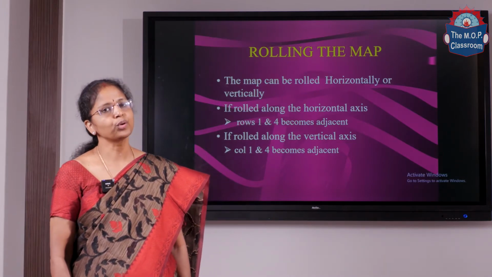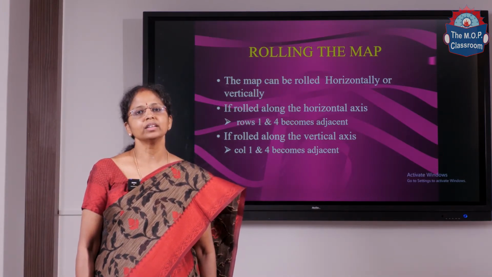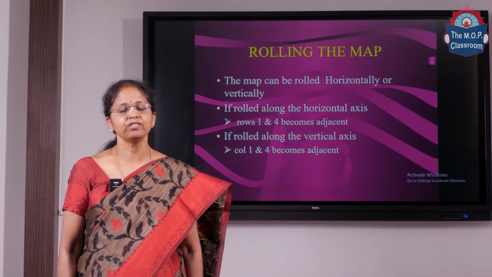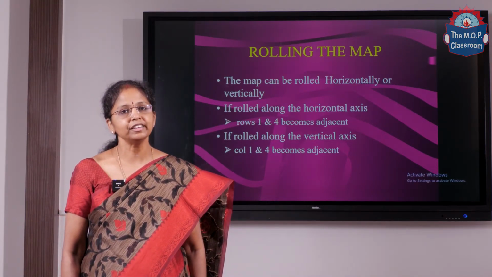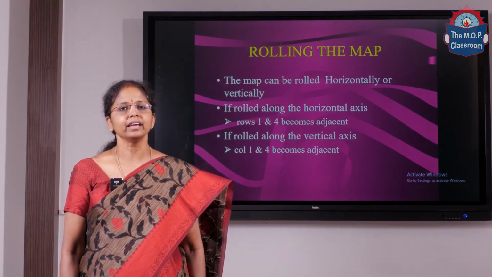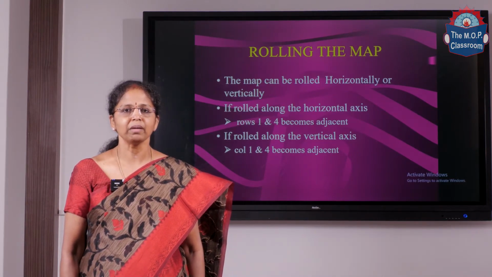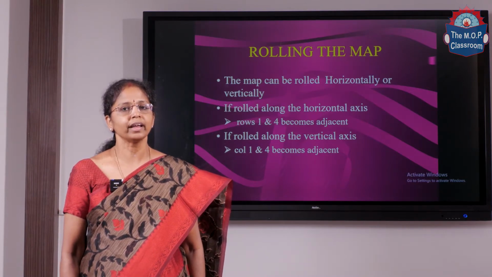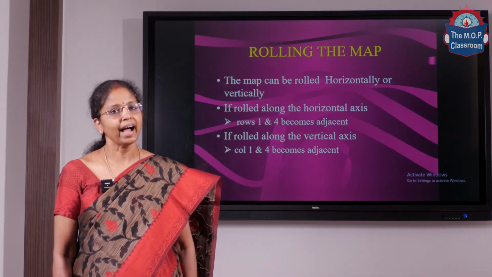If you roll the K-map along the vertical axis, then columns 1 and 4 are going to become adjacent. Similarly, if you roll the K-map along the horizontal axis, then rows 1 and 4 are going to become adjacent.